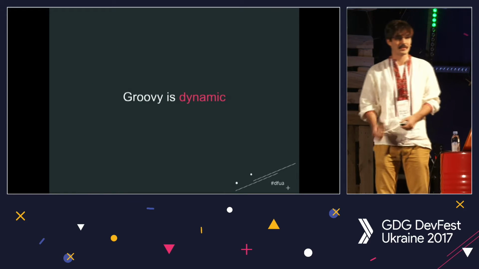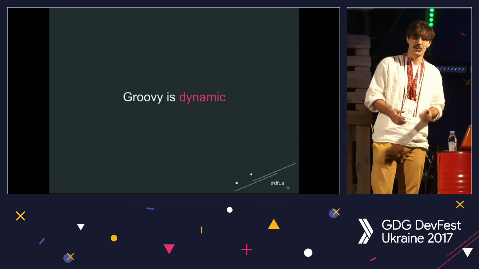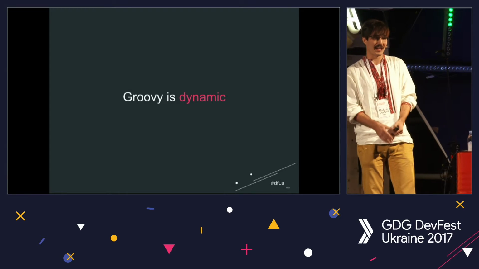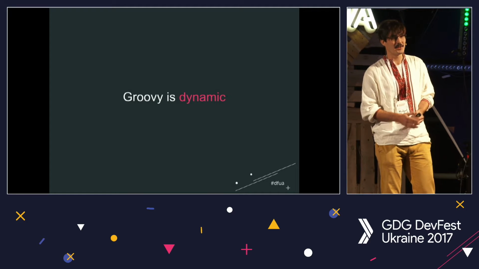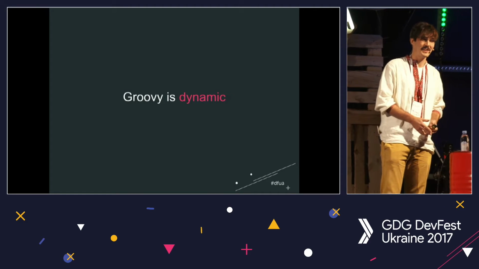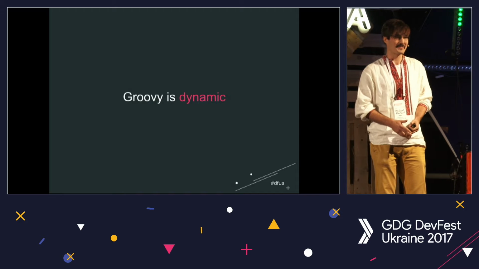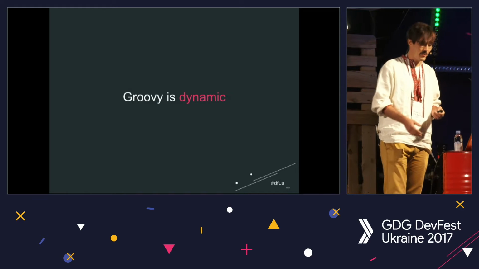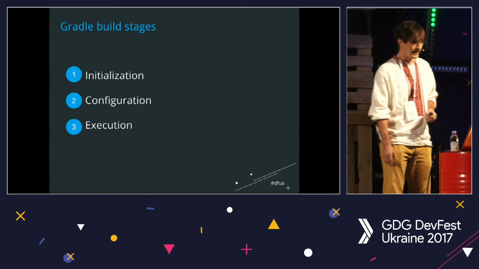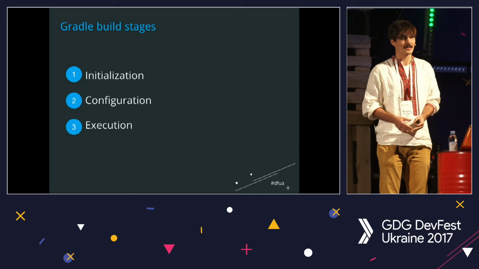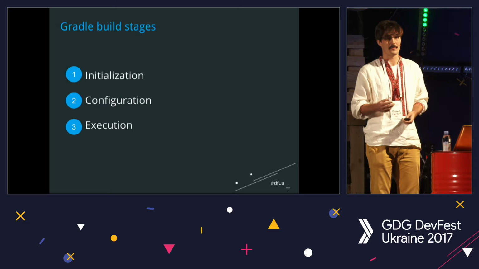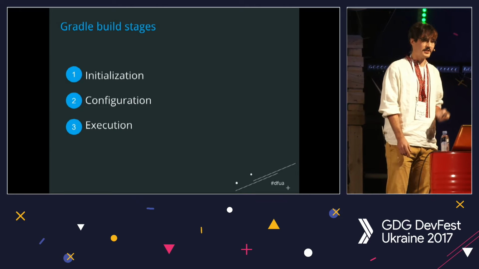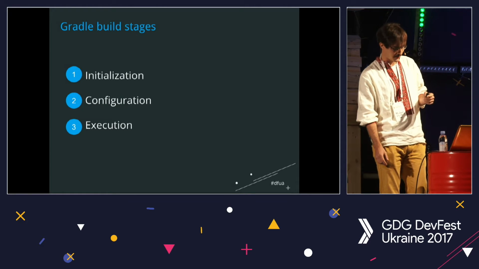Now the second source of magic. Groovy is a dynamic language, and Gradle uses this dynamic nature of Groovy a lot. But to understand how, we should look at the Gradle build lifecycle. There are three main stages of building in Gradle: initialization, configuration, and execution.